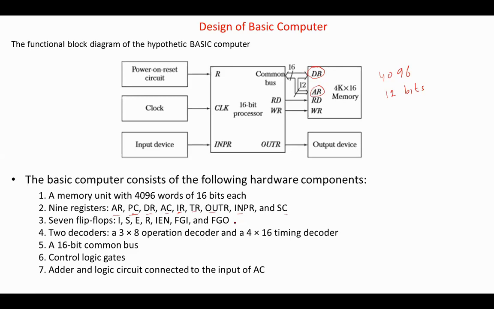In the basic computer, we have 7 flip-flops. I flip-flop used for direct, indirect addressing or to distinguish register reference operations from input-output operations. S flip-flop, which is the bit 15 in the accumulator and used as a sign bit. E flip-flop, and in some computers this flip-flop is called carry flip-flop.